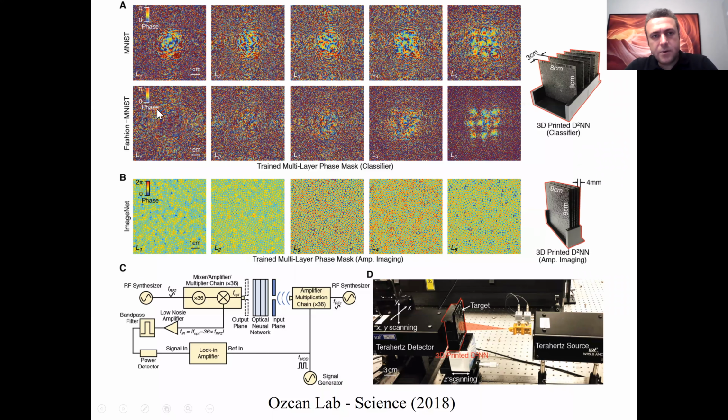Here, we used phase encoding, meaning that because this is a coherent system, we can encode the information in the amplitude or phase. And in this case, the fashion images were encoded at the input aperture through phase information. This is what we converged to after designing this system with 50,000 of these images.